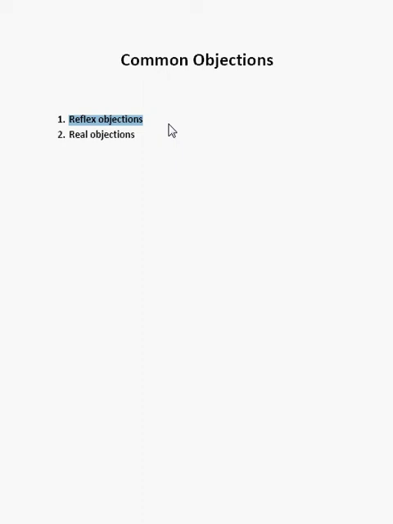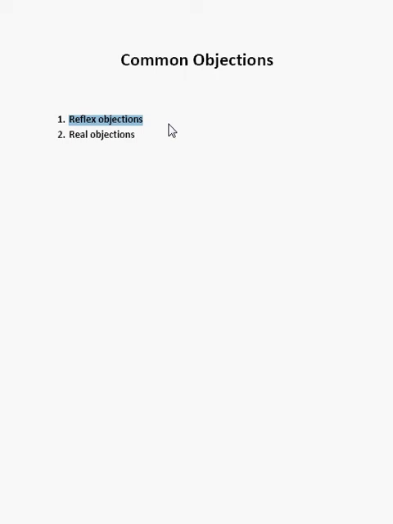So there's a lot of real objections and there's a lot of reflex objections. Real objections, I'm sorry guys, you're going to have to use your own wits to overcome them. I can't tell you what to say every time somebody gives you a real objection, but I can tell you the difference between the two. Reflex objections, I'm going to make you an expert at them. I expect them when I knock on the door. I'm ready for them.